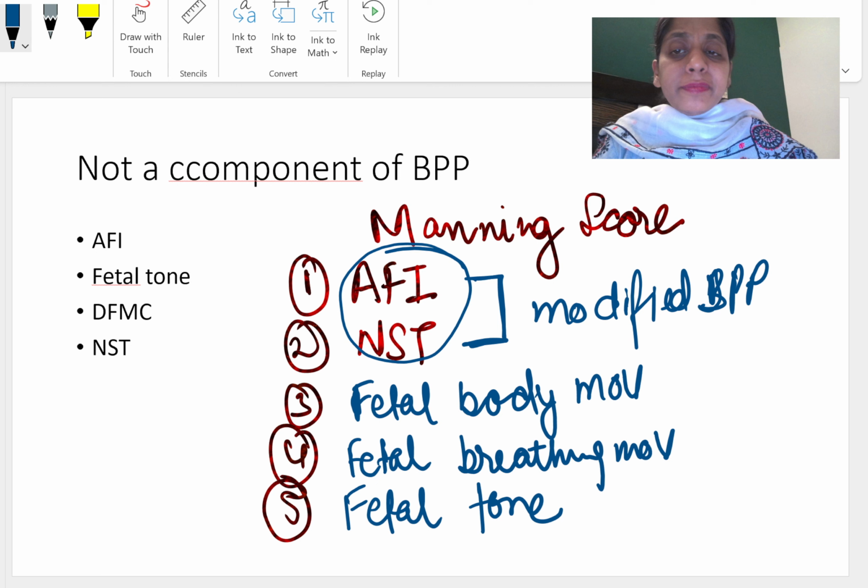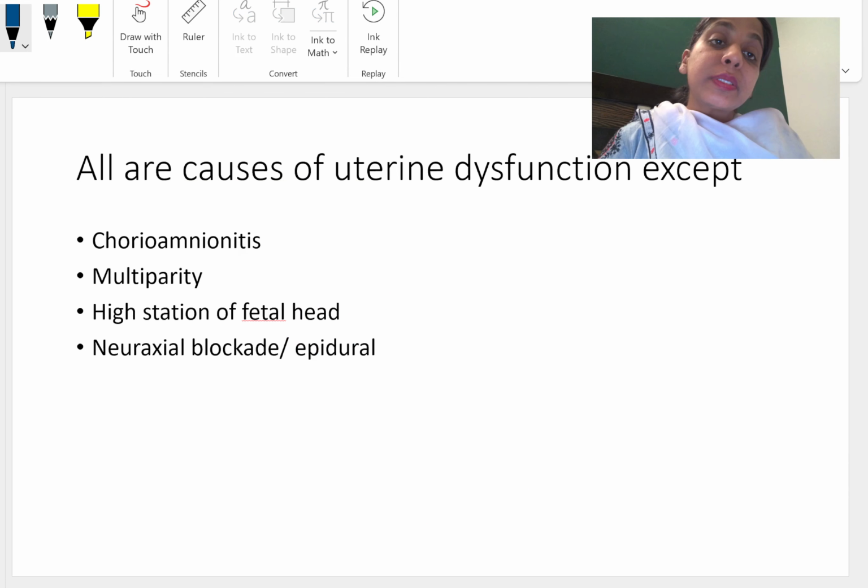So every problem of uterine dysfunction in normal delivery occurs in primigravida. In a secondary gravida, it's very rare that a patient who has undergone normal delivery goes for cesarean the second time. Though it occurs, it's very rare. So here all are causes of uterine dysfunction except multiparity. So multiparity is not a cause.